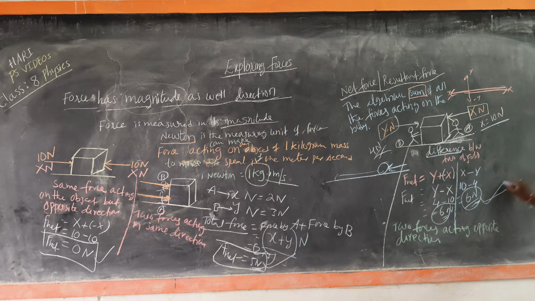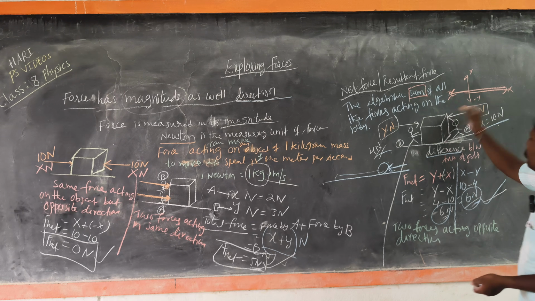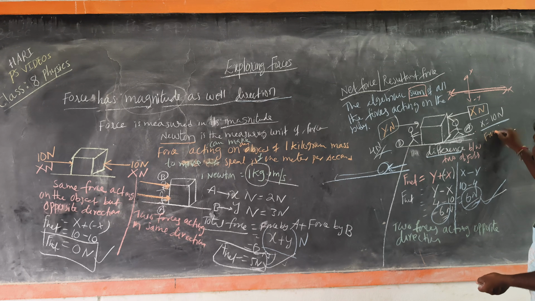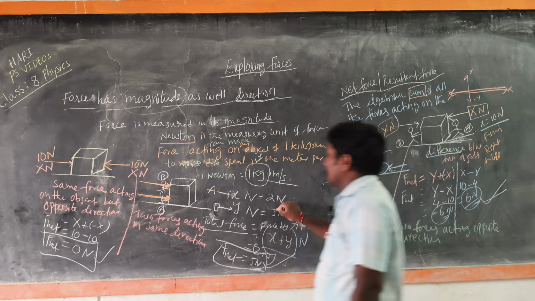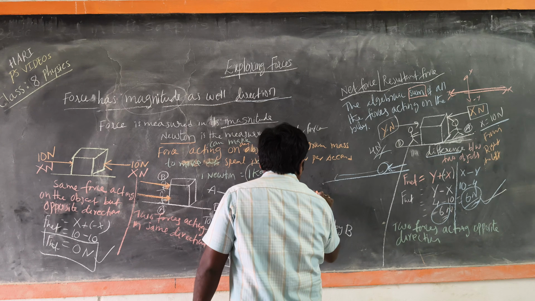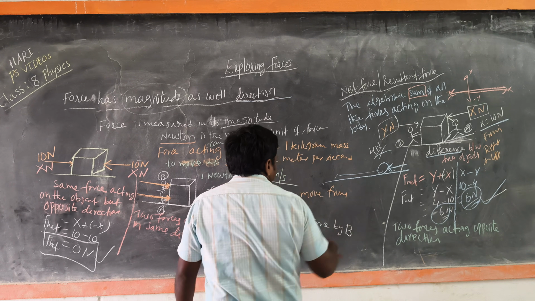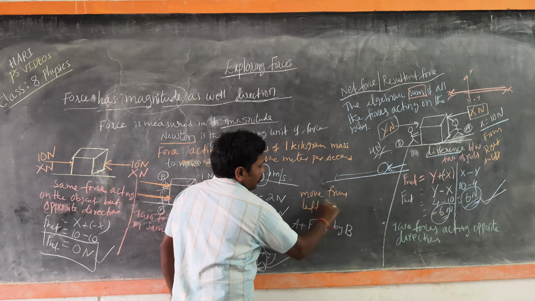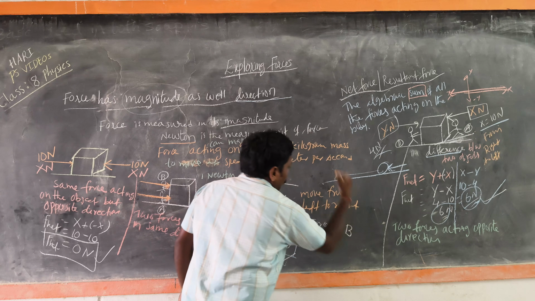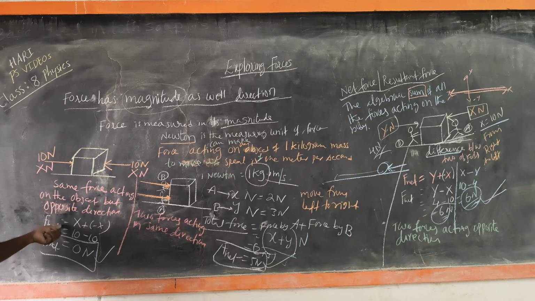So in the second case, the object moves from right to left. Here the object moves from left to right. But what about here?